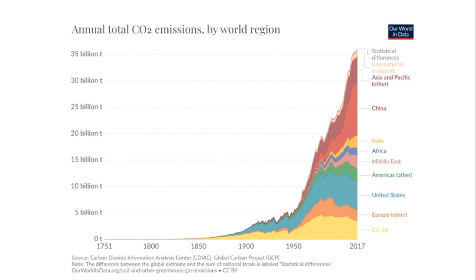So HICs, that's like saying high income countries, are responsible for most of the greenhouse gases that are currently in our atmosphere because they have been emitting greenhouse gases for the longest. Let's look back in 1850, it was Europe that was the biggest greenhouse gas emitter.